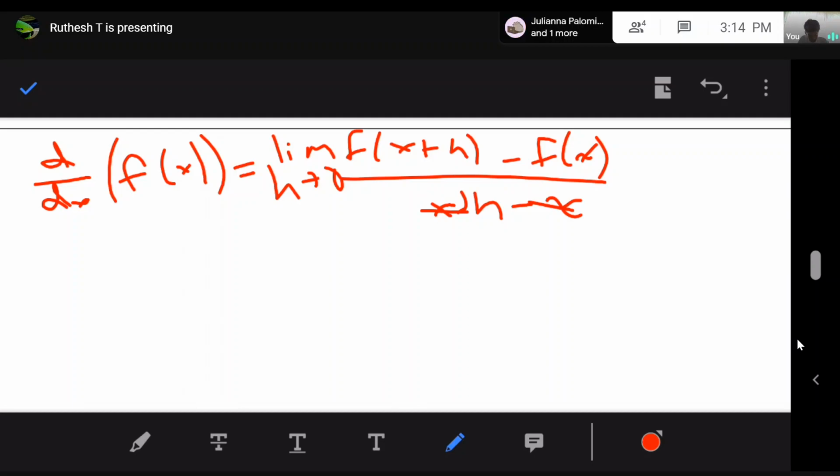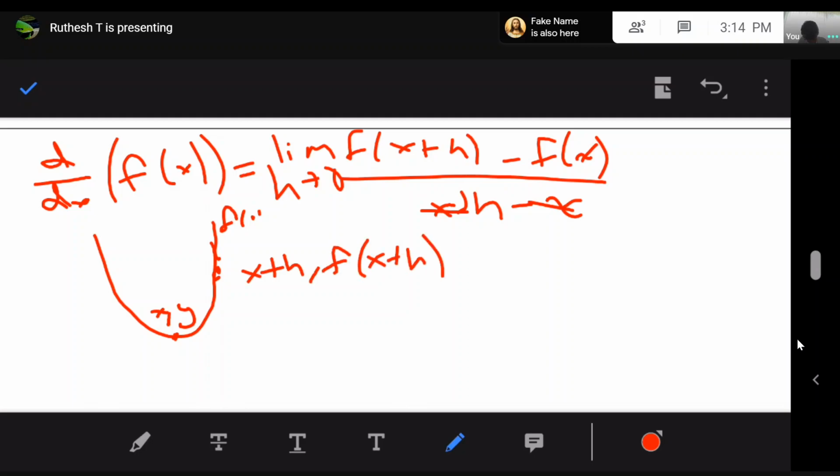And so this works because if you have a random graph like f, and then you want to find the slope at a point x comma y, and let's say you take another point here. This is x plus h comma f of x plus h.